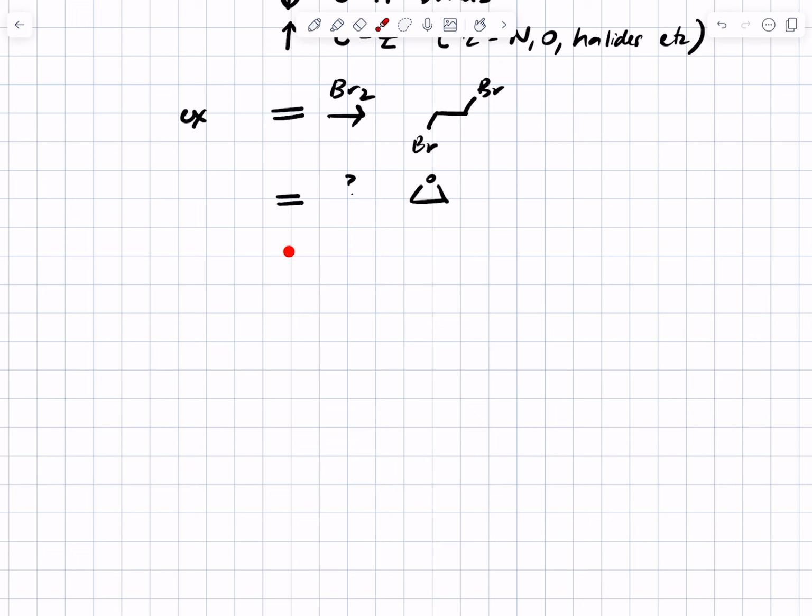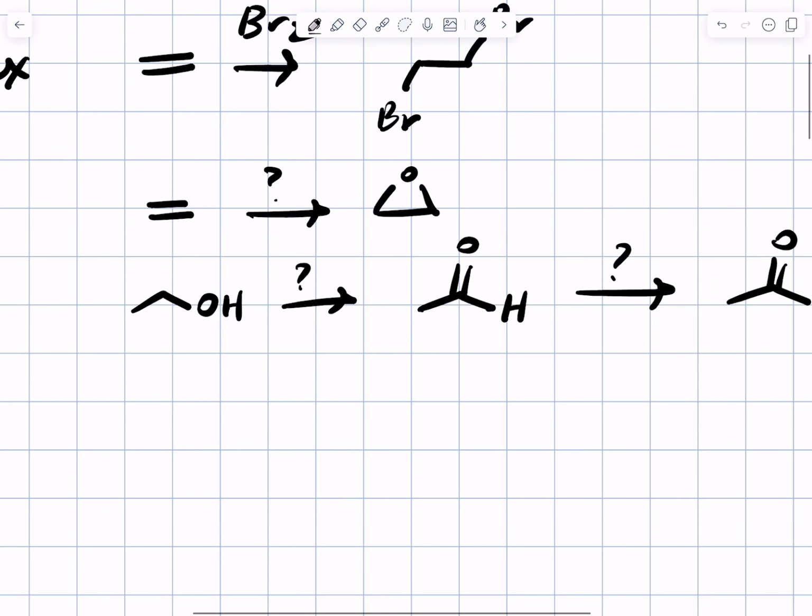We're also going to learn how to take an alcohol and convert it into an aldehyde, and to take an aldehyde and convert it into a carboxylic acid. You can see that in each of those cases, I am getting rid of a carbon-hydrogen bond and replacing it with a carbon-oxygen bond.